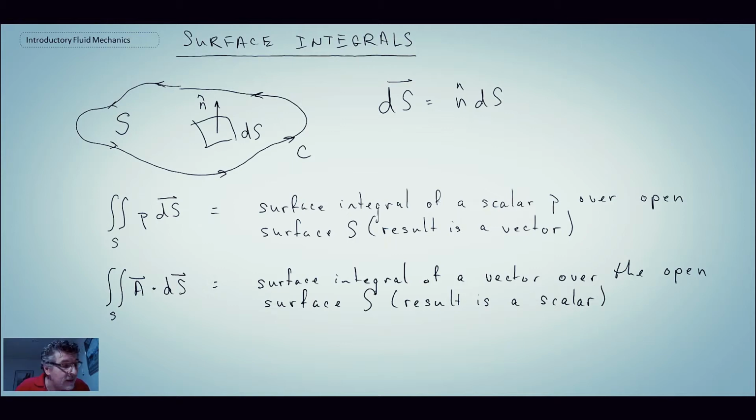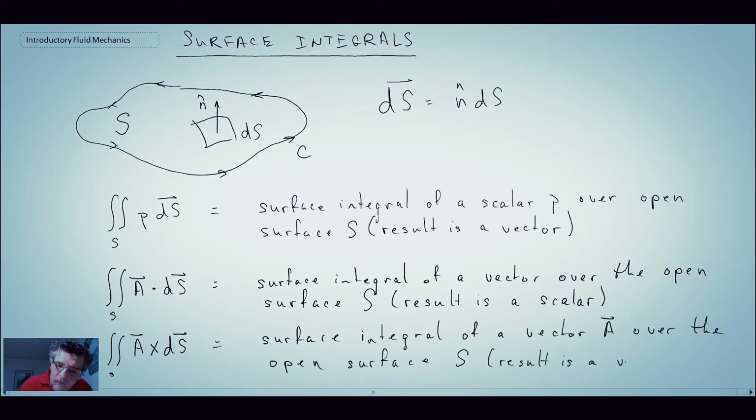If the mathematical operator that we're dealing with involves the cross product, in that case we would be doing a surface integral of A cross dS, where dS is the area vector. So if we're dealing with a vector and we have the cross product as our operator, the result of our surface integral will be a vector.